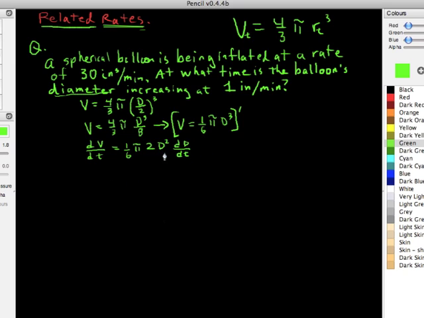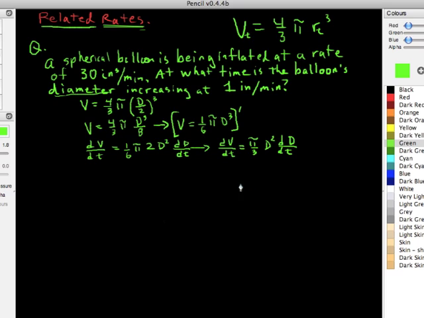Well, let's simplify this a little bit more since we have a 2 and a 6 here. This says that dV/dt is equal to pi over 3 d squared dd/dt.